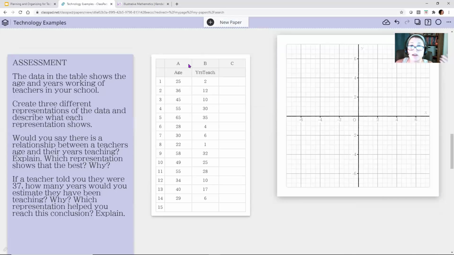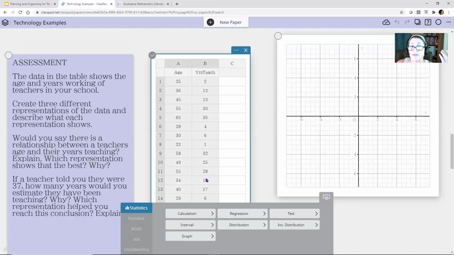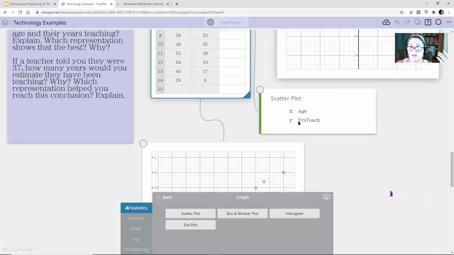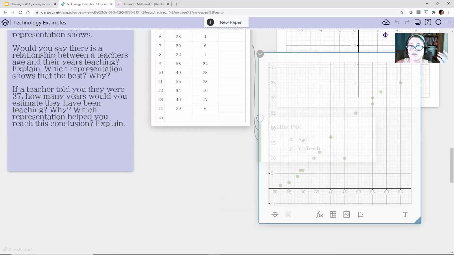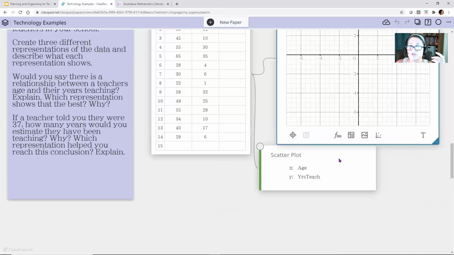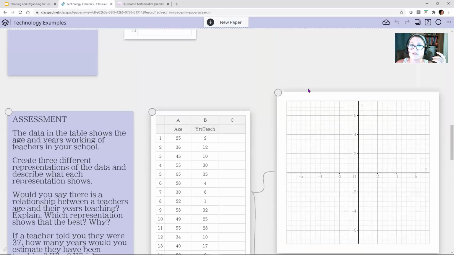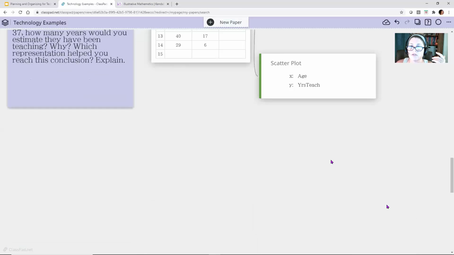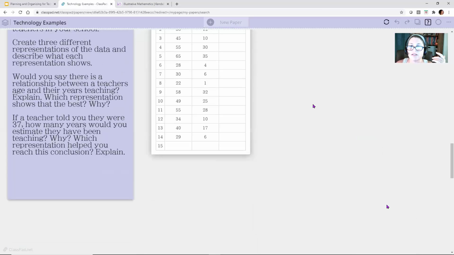Or maybe they have worked with Classpad and they say, well, I know I can make a scatter plot of the data. And so, oops, here's a scatter plot of the data. So they let the computer make the scatter plot. Sorry, let me do that again.